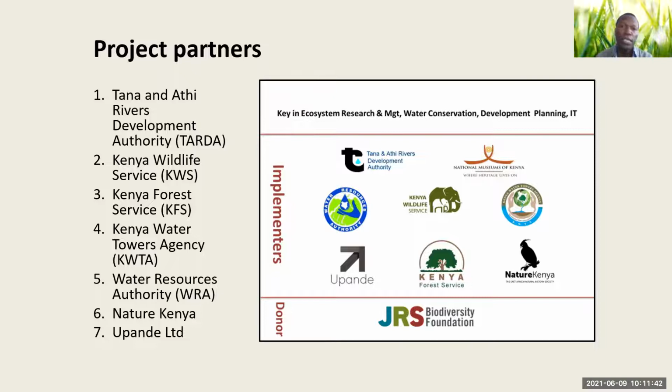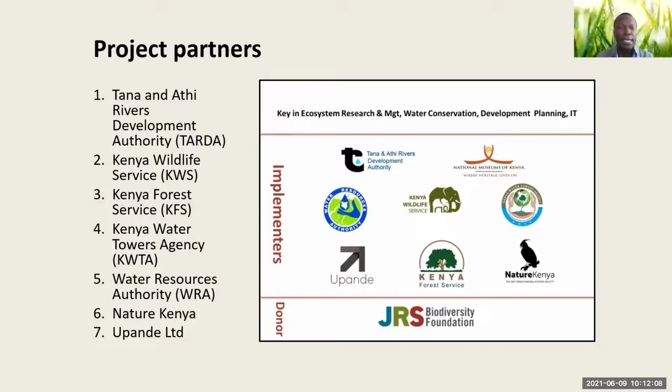And of course, we needed an IT partner to help us with developing the portal. Our partners are Tana and Athi Rivers Development Authority. This was an important authority that was set up to take care of the Tana and Athi River basins. Athi is another basin which is close to Tana.